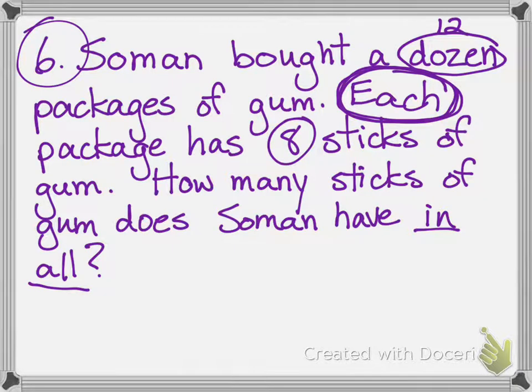If that word "each" was not there, then we would add. But the word "each" tells us that we have to multiply. So if you can, I would like you to write your multiplication sentence down here. Line up your numbers, figure out the answer as best as you can, and pause until you have that done.